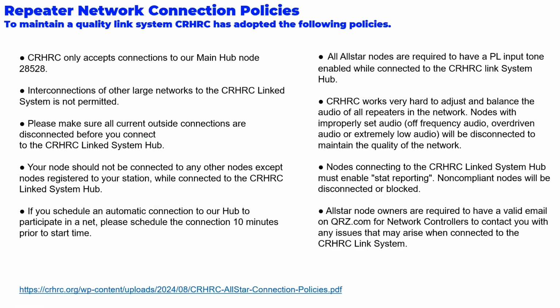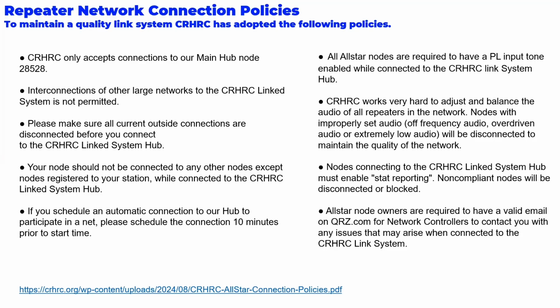We also have repeater network connection policies that CRHRC has adopted to keep our system clean and user-friendly. The main thing here is if you have an AllStar node, please disconnect from all other connections when you connect to our hub node of 28528. We don't want to interlink large systems together. We don't want other big systems linked to CRHRC, and that can happen really easily if you don't disconnect your node before you come over to CRHRC.